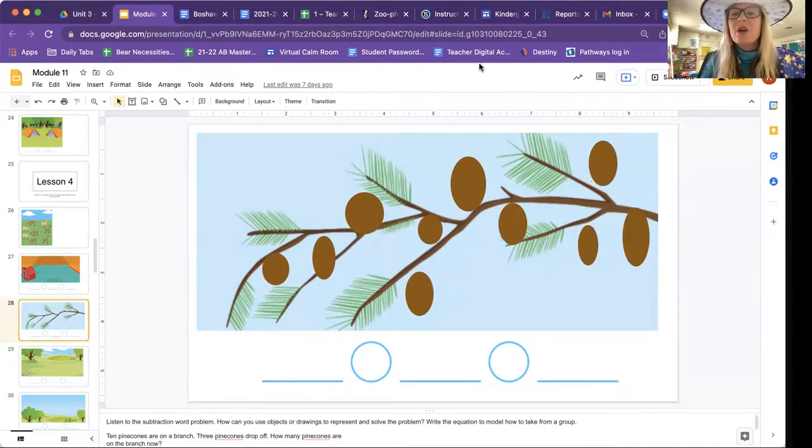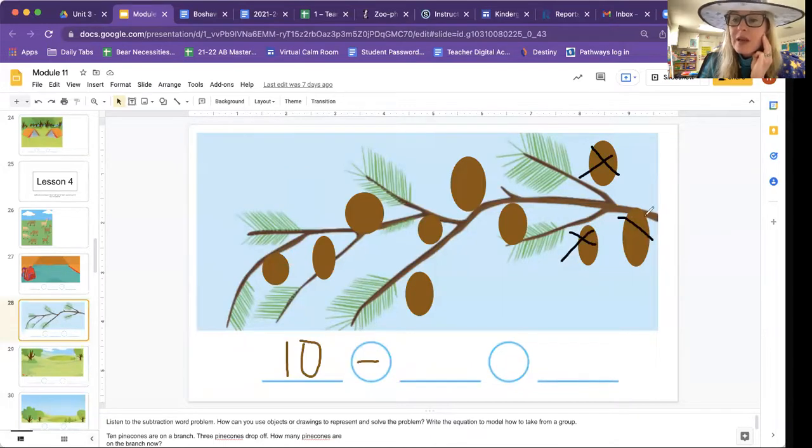10 pine cones. What number is our very first number going to be? Started out, there's 10 pine cones, and we're going to take away because it's subtraction. How many did they say to take away? 3 pine cones dropped off. 1, 2, 3. Let's count. So our next number is 3.